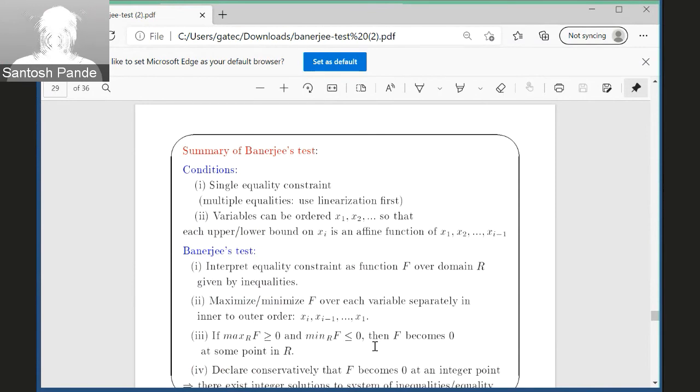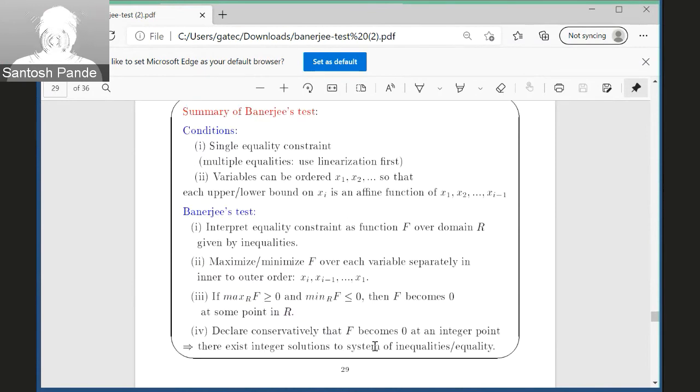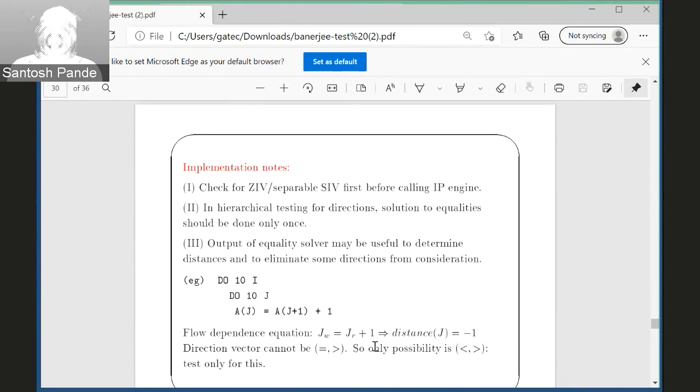And if there isn't, then obviously there is no dependence in the real domain, which also implies independence in the integer domain. Now, this is one way to approach the Banerjee inequality to determine whether the dependence exists or not.